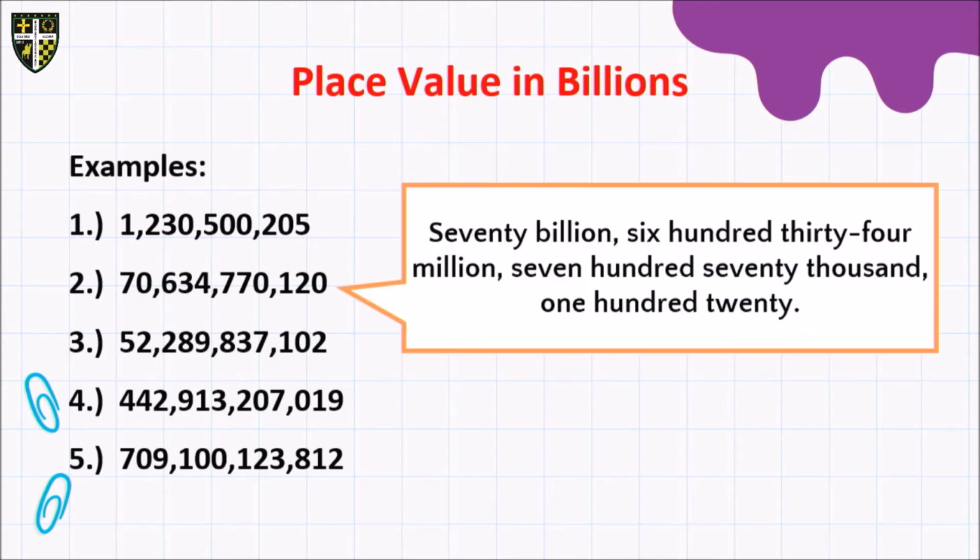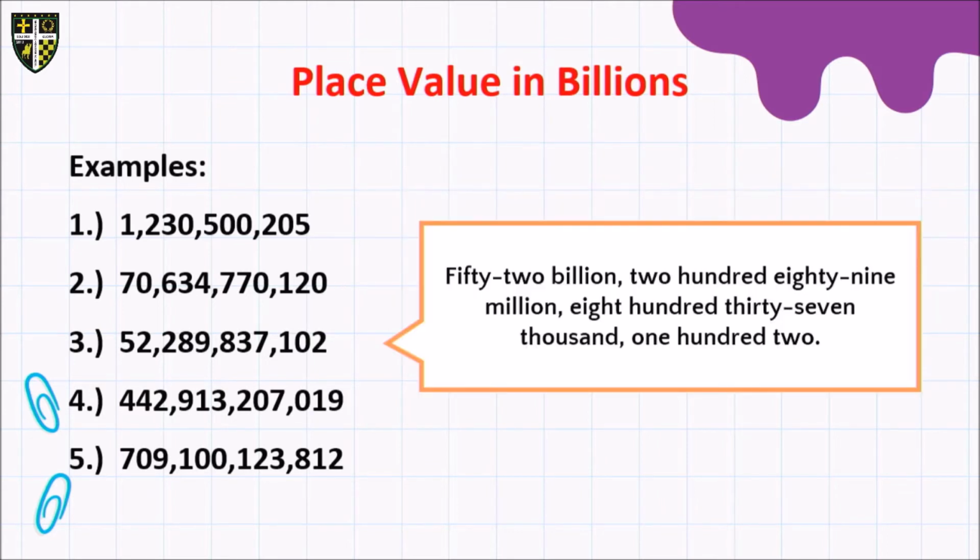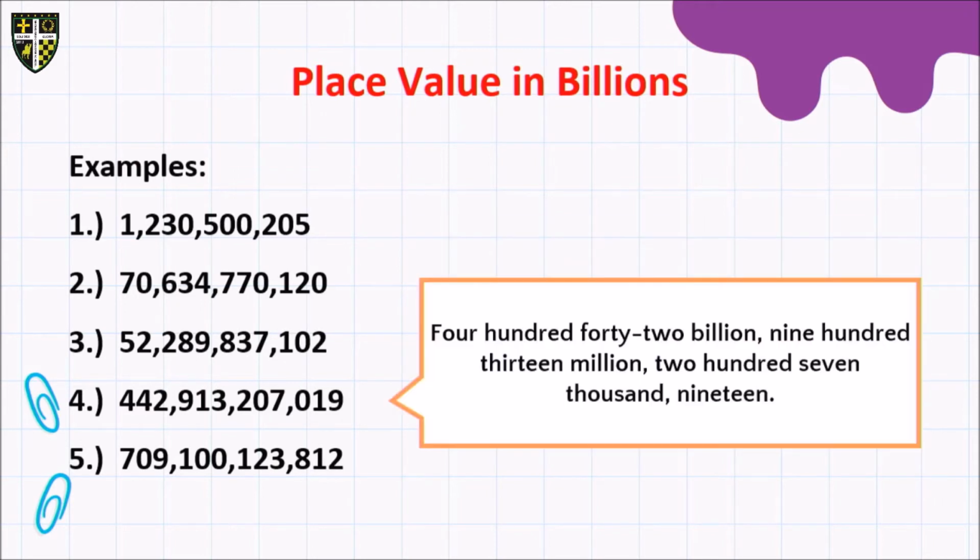1,230,500,205. Next one, we have 70,634,770,120. 52,289,837,102. We have 442,913,207,019.